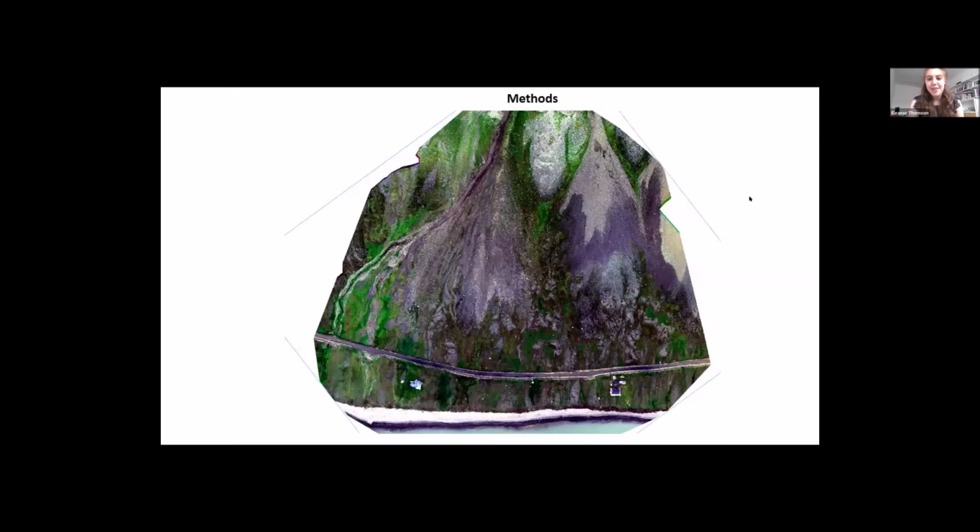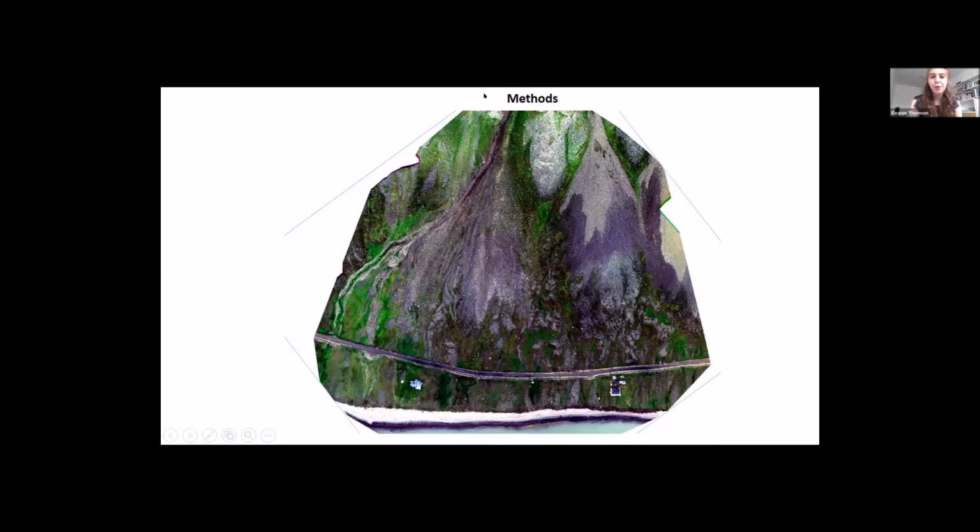And this is the method that we used. So first of all, we flew a solo drone equipped with the 5-band MicaSense camera that you saw earlier over a site. So this is the bird cliffs. This is the fjord, and then this is the bird cliffs up here. And this is a nutrient gradient.